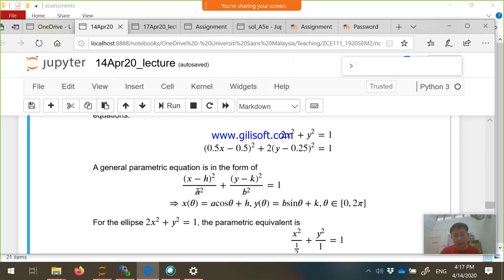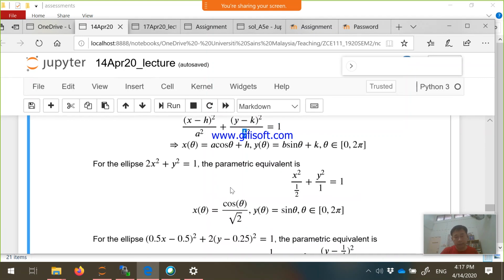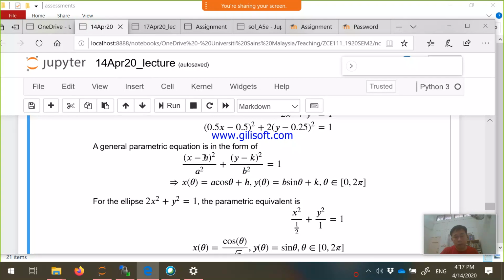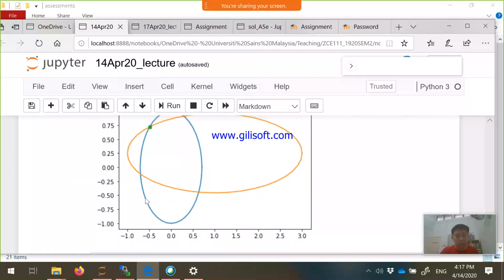First, the semi-major, that is the axis of the ellipse along the x direction, and also the semi-minor, which is the axis of the ellipse along the y direction, and also the location where the ellipse is located, like the center. So the center is located at the coordinate h, k. So the coordinate h, k is the location. So for example, here it is 0, 0.